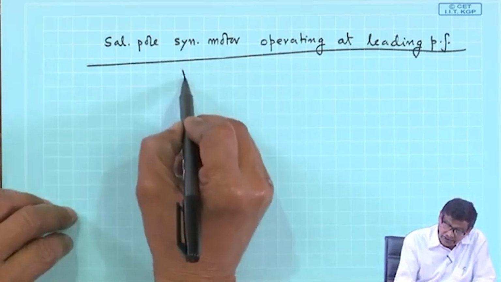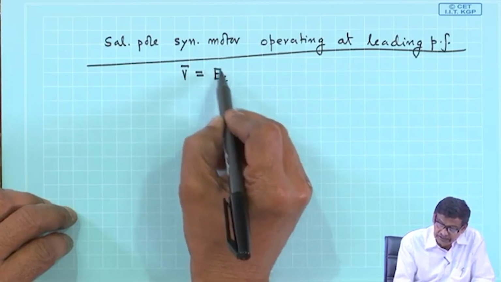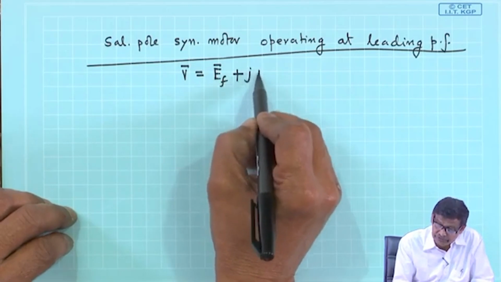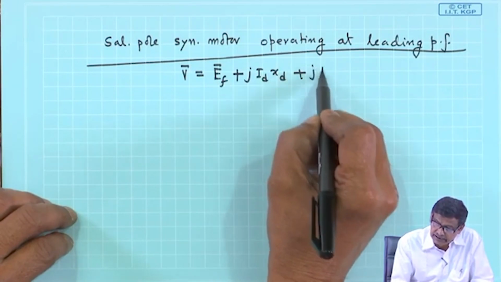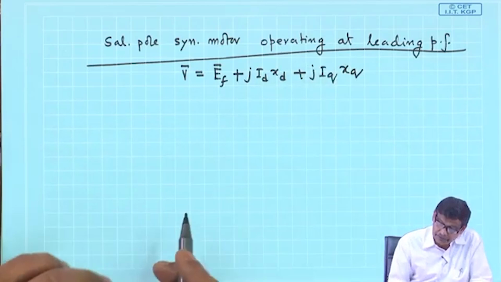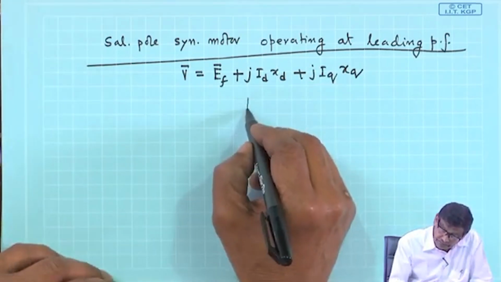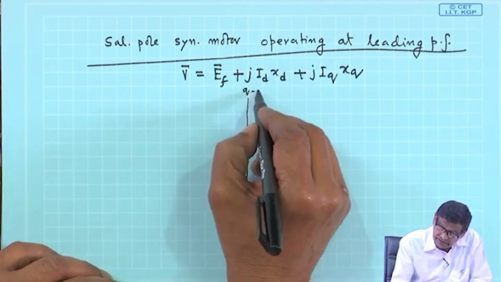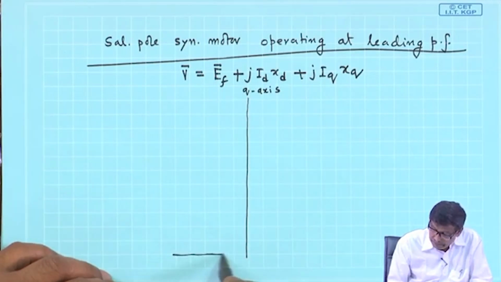So, once again I will use this relationship: I will start with EF, then end up with V by adding these drops j Id Xd plus j Iq Xq, that is what we will be doing. Now, these steps are the same, draw the q axis first, this is your q axis, okay.